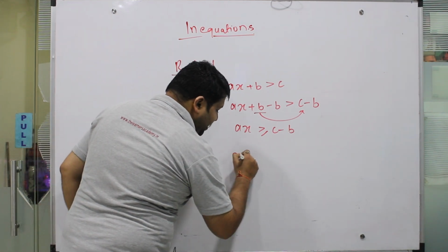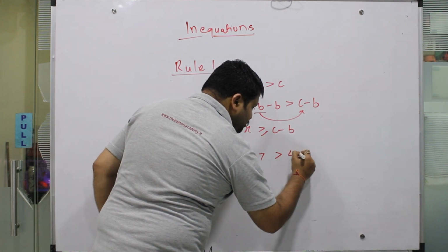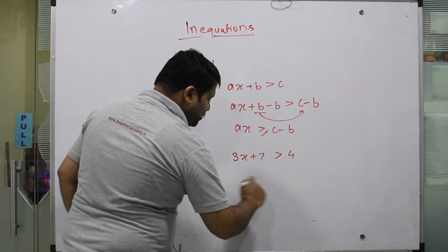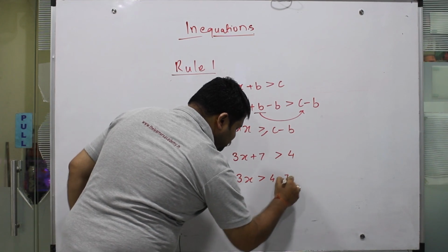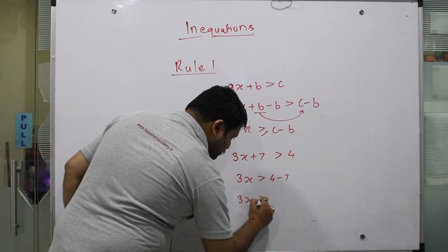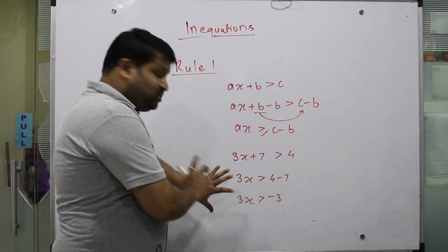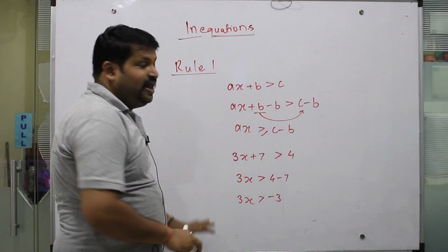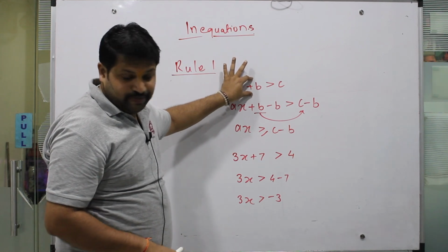So if I have say 3x plus 7 is greater than 4, then I will write it as 3x is greater than 4 minus 7, or 3x is greater than minus 3. So this is how we are going to solve any inequation when we have a positive term.